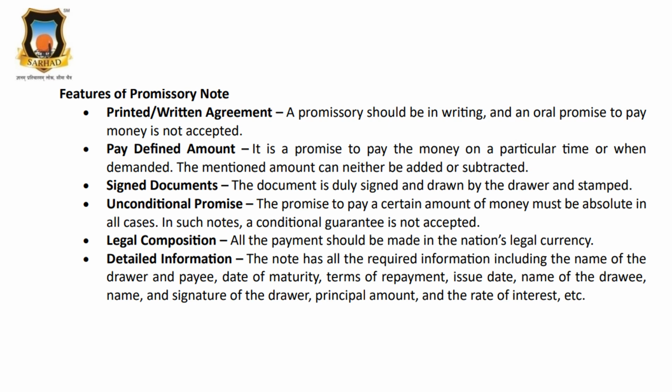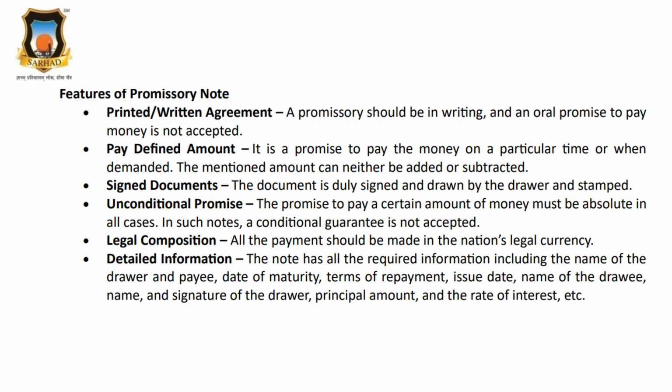Now the next one, the second one, is pay a defined amount. It is a promise to pay the money at a particular time, or when demanded, and the mentioned amount can neither be added to nor subtracted from. It is very simple.